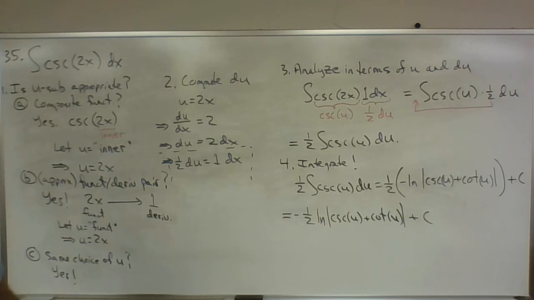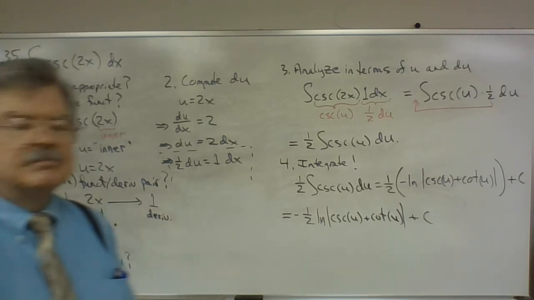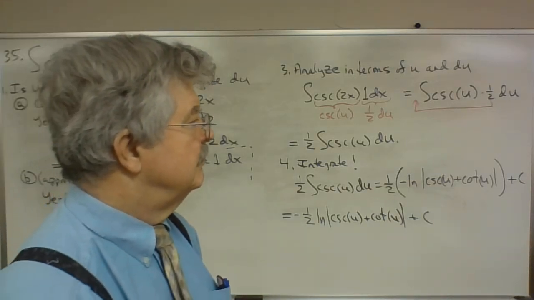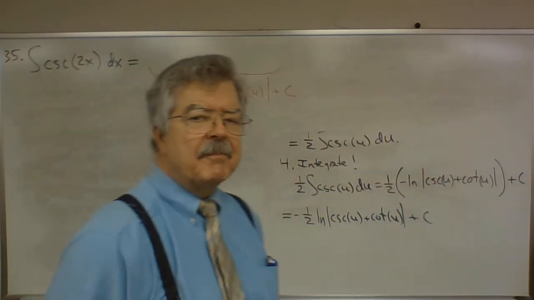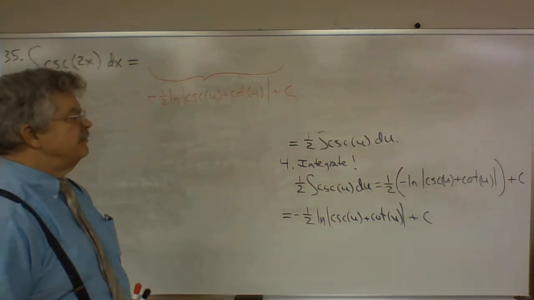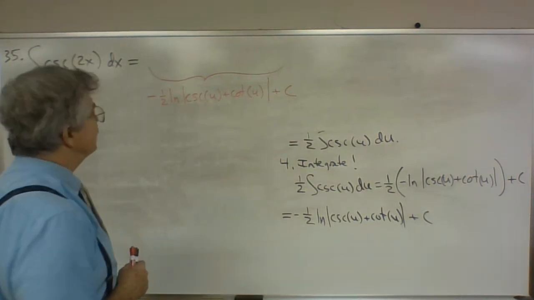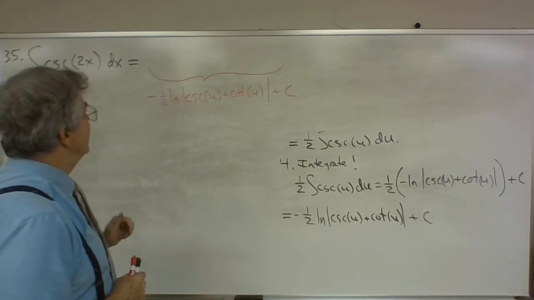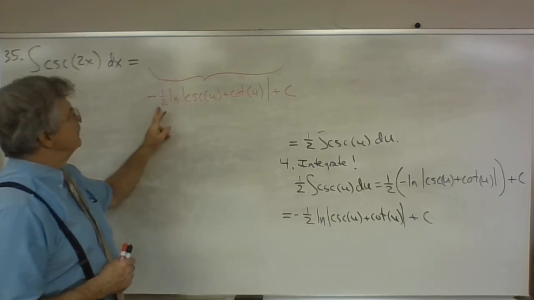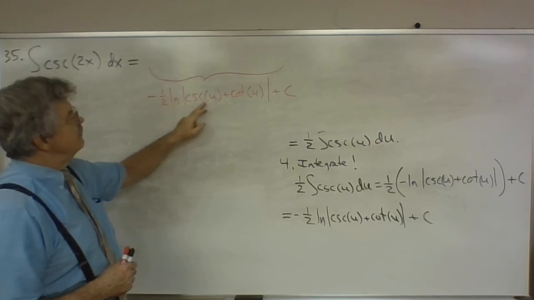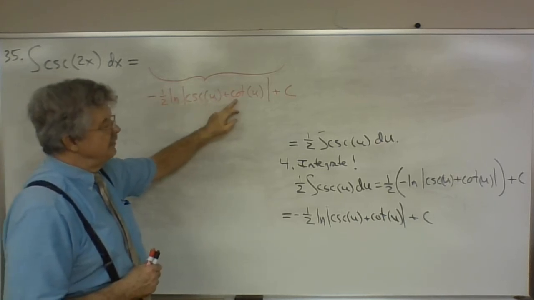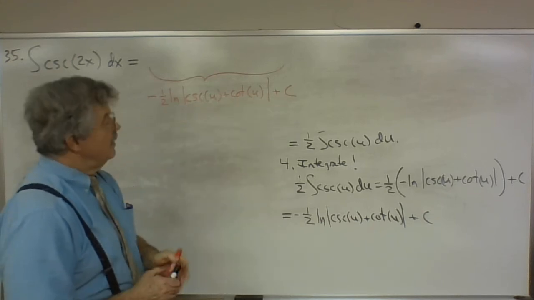And now we're going to rewrite this. Okay, we're back. We have to rewrite this in terms of the original variable, which was x. In terms of u, our answer is negative 1/2 natural log absolute value of cosecant u plus cotangent u plus c.